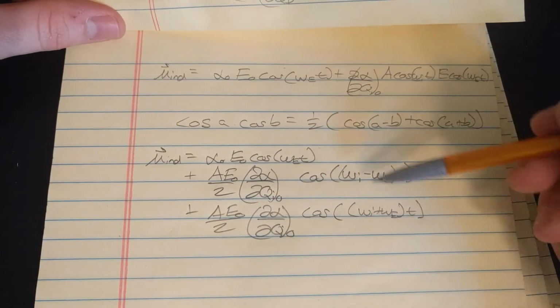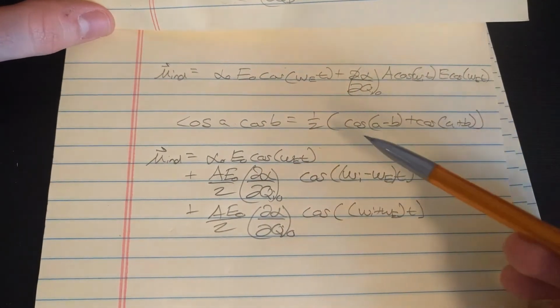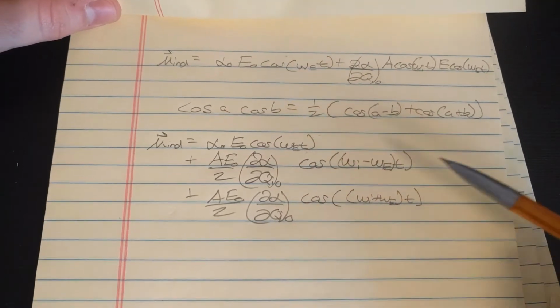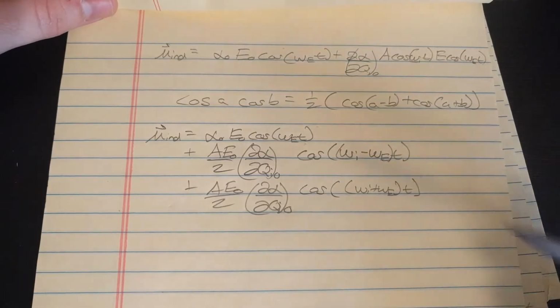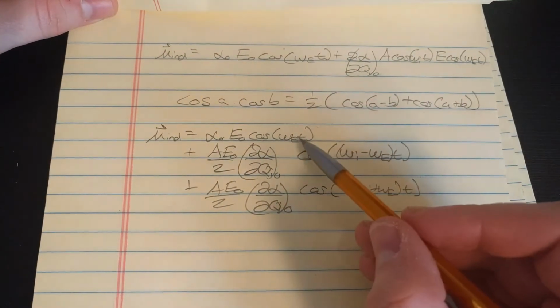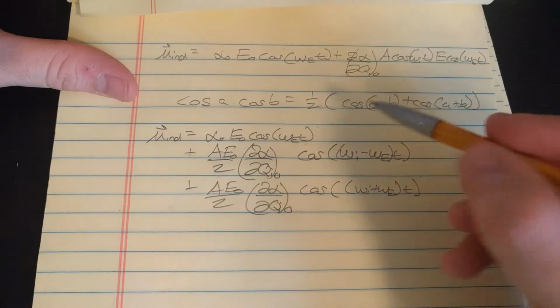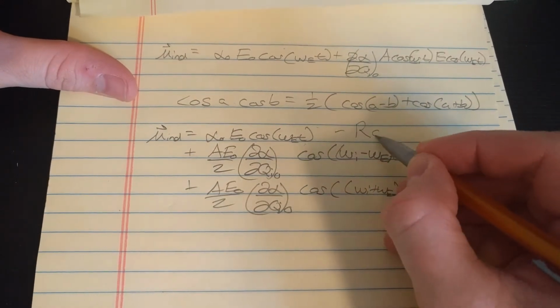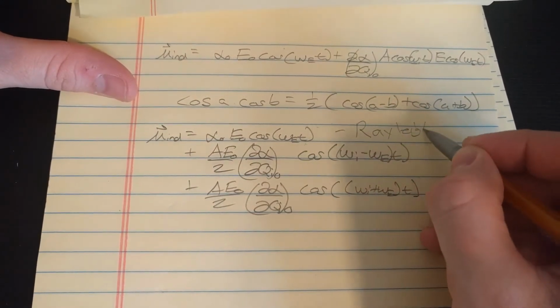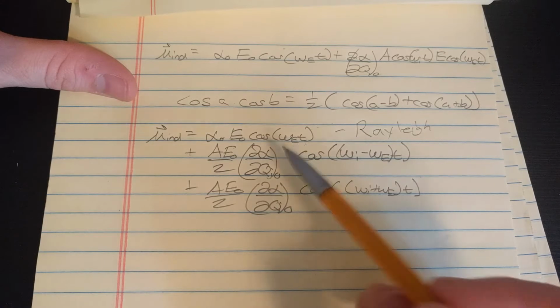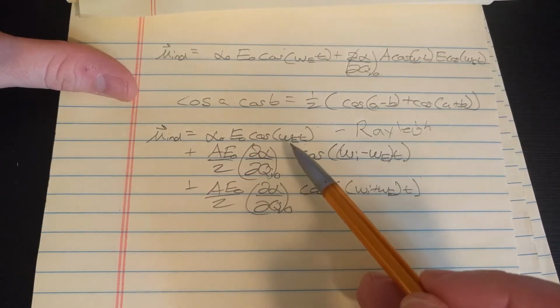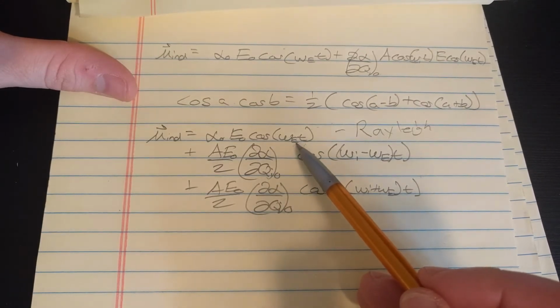Okay, and finally we end up with three different terms. These three different terms correspond to the three different types of Rayleigh and Raman scattering that I spoke of before. This first term corresponds to the Rayleigh scattering, because you can see it doesn't matter the frequency of the ith vibration, it only matters what frequency it comes in.